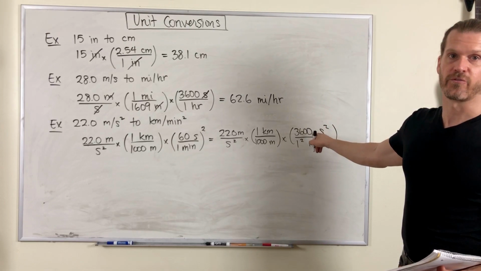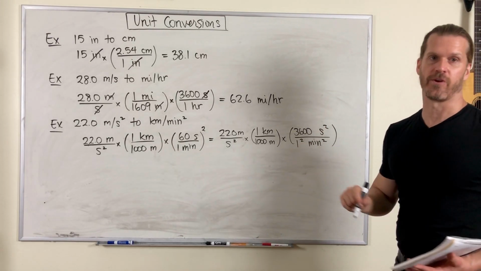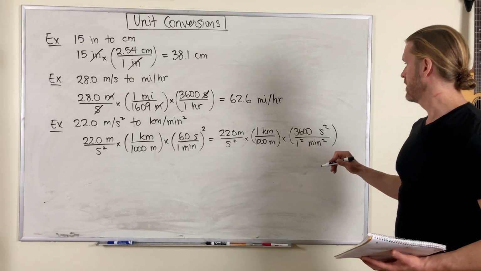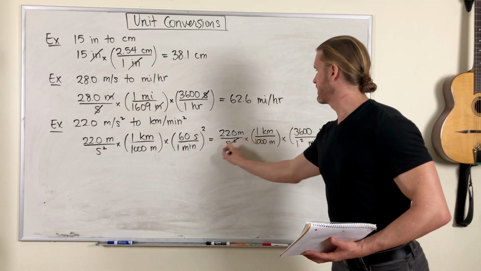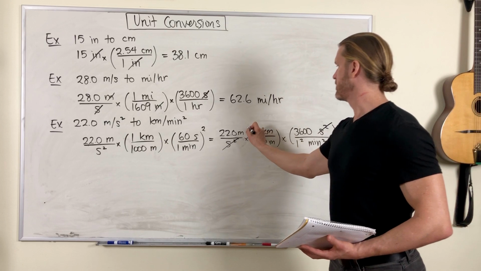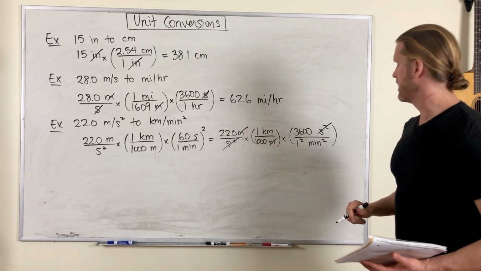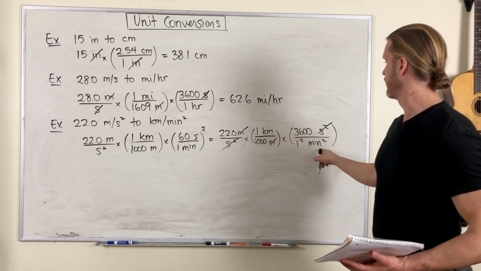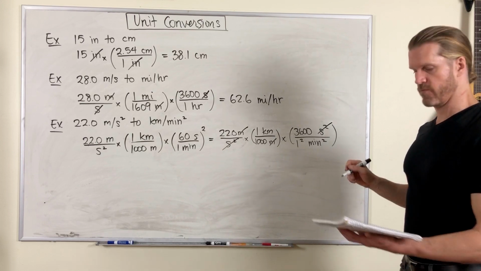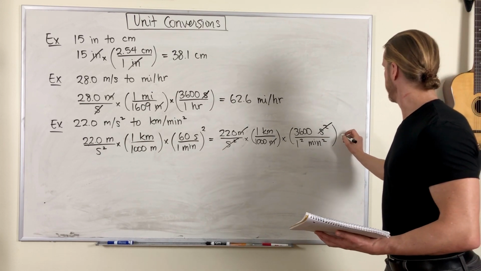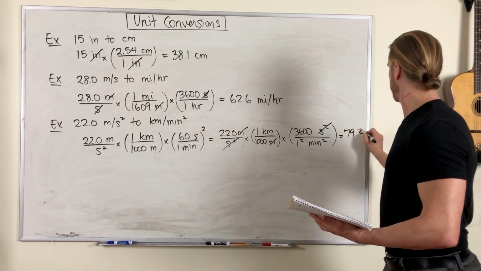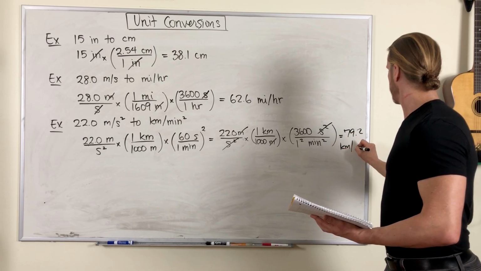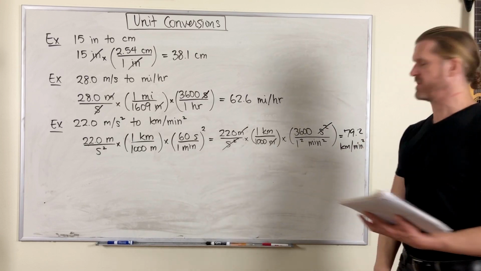I distributed the squared everywhere. And of course, 1 squared is just 1. So now you can see that those seconds squared cancel out over here. These meters cancel out. And we are left with kilometers per minute squared like we wanted. And it is 79.2 kilometers per minute squared.